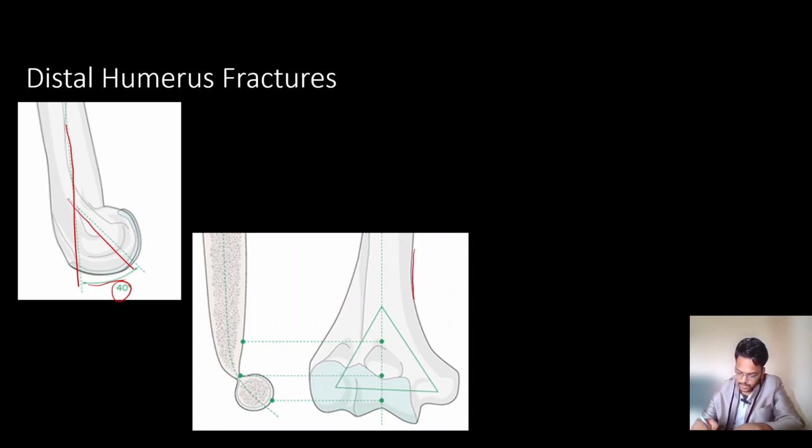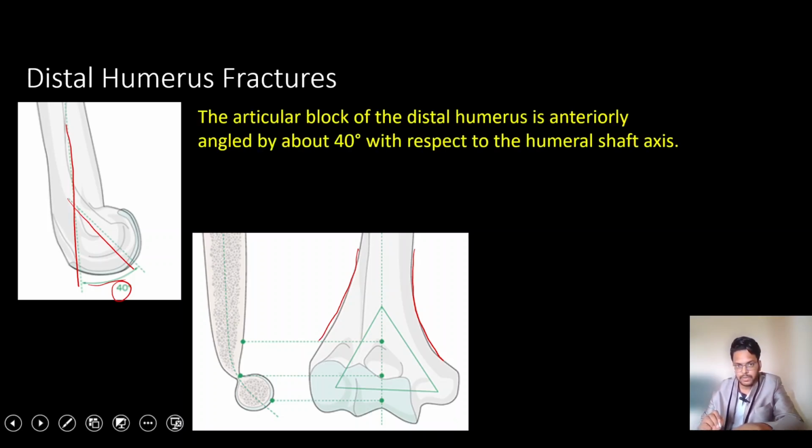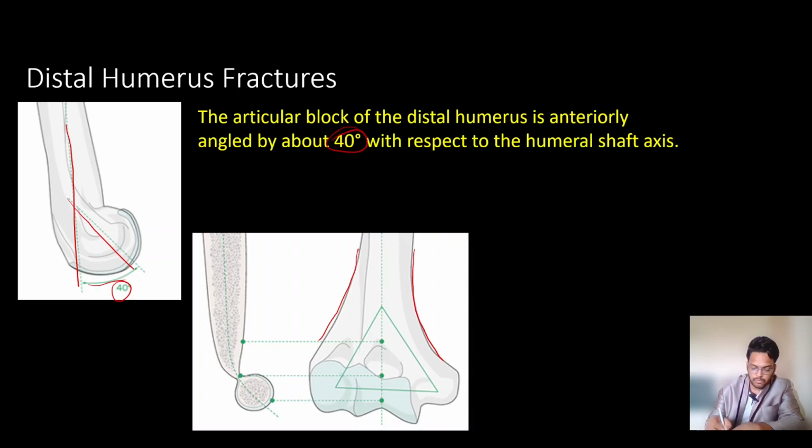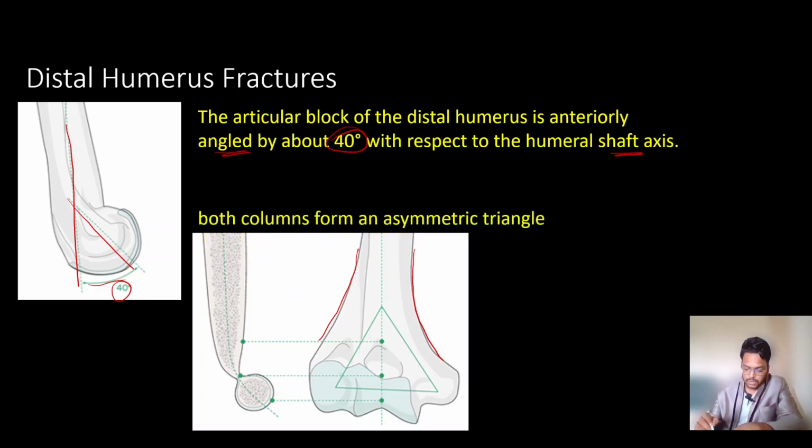This is the medial column and this is the lateral column. Okay, so the distal humerus will make an angle of about 40 degrees with respect to the shaft of the humerus, and both the columns are not similar, they form an asymmetric triangle.